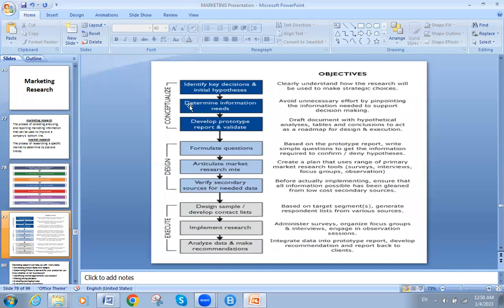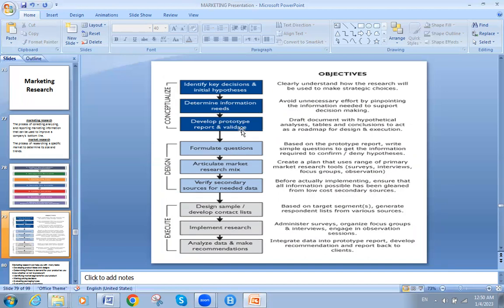For each step, like the first three steps, identify the decision and the initial hypothesis. The hypothesis is a kind of exploration to see what the reason for the problem is. Determine the information needs. Here we will see what we want from this research. Develop the prototype.